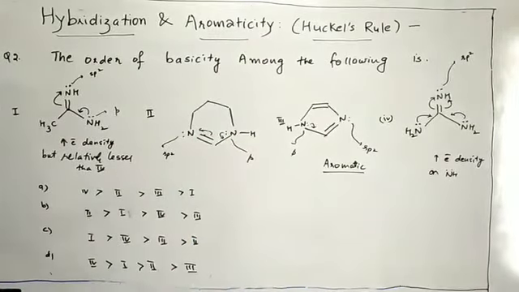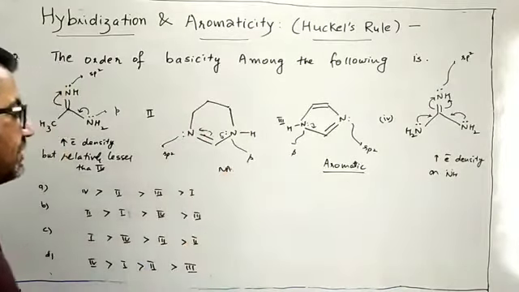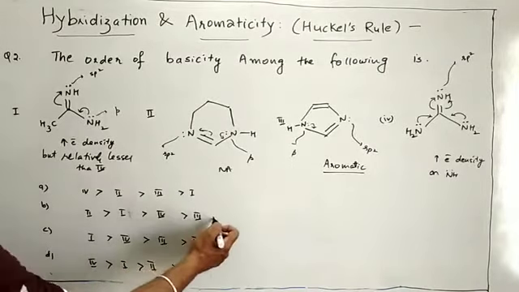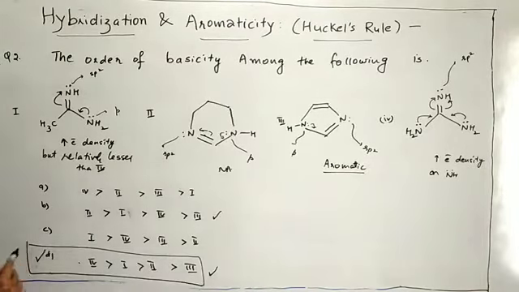Non-aromatic are less stable than aromatic. This is sp3, sp3, sp3, so that's why you call it non-aromatic. Except 3, all are non-aromatic. It means compound number 3 will be least basic. Compound number 3 is least basic here and here. Compound number 4 is most basic here. So overall your correct answer is option number 4.